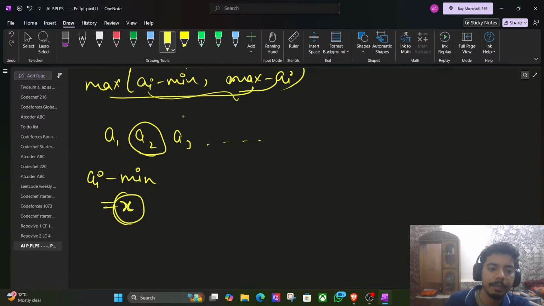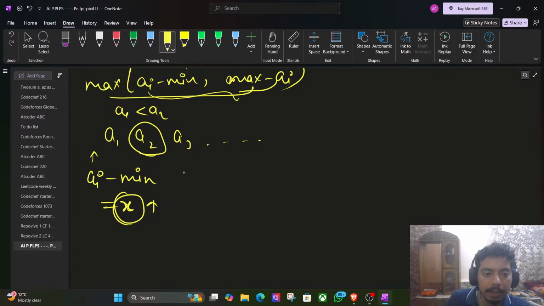Tell me. If a1 is less than a2, so I'm changing a1 to a2, then will it increase or decrease? X will increase because I'm subtracting the minimum possible value, and if I increase this, X will increase.